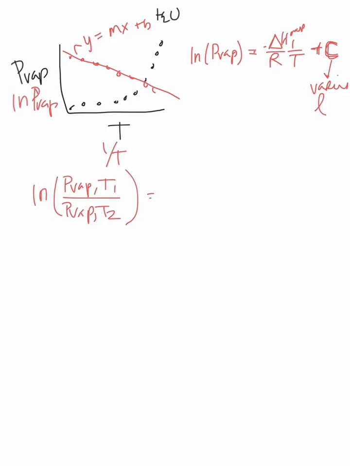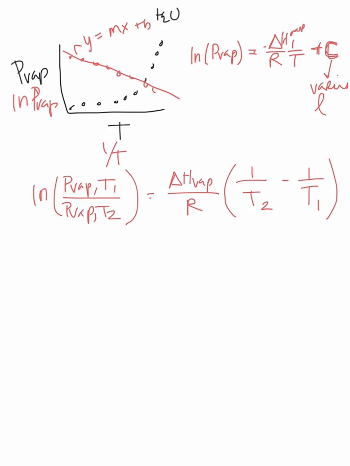This is equal to, with our slope now being delta H of vaporization over the gas constant R, the difference between our inverse temperatures as our x. So we would have 1 over T2, the temperature that's on the bottom of the natural log up front, minus 1 over T1.